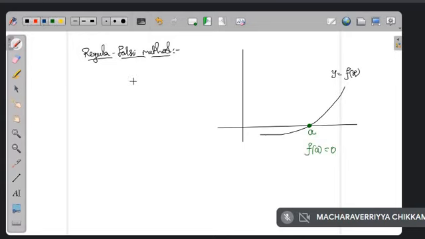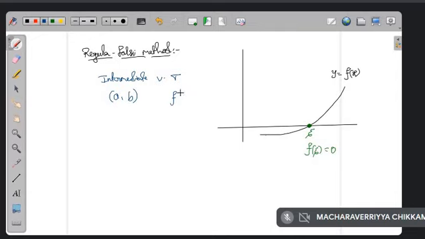Like earlier, using the intermediate value theorem we can find an interval in which the root lies. Let me use psi for the root because I am using a comma b for the interval. So you find an interval a comma b where the root is.